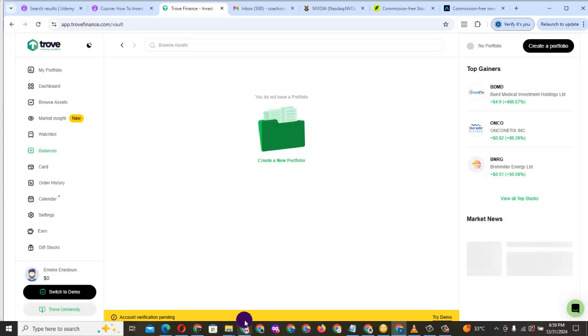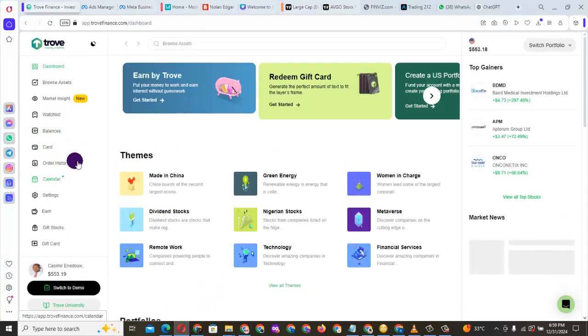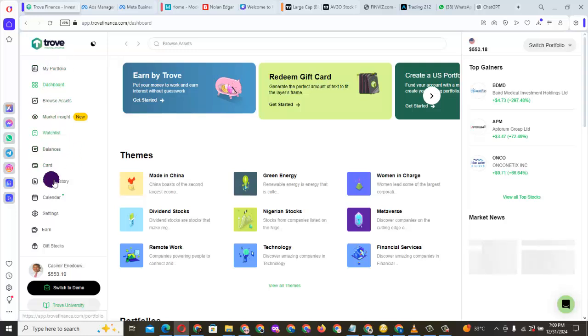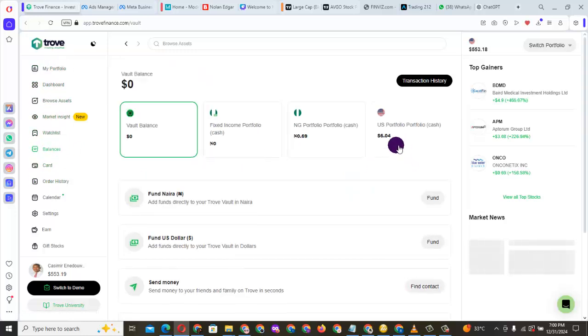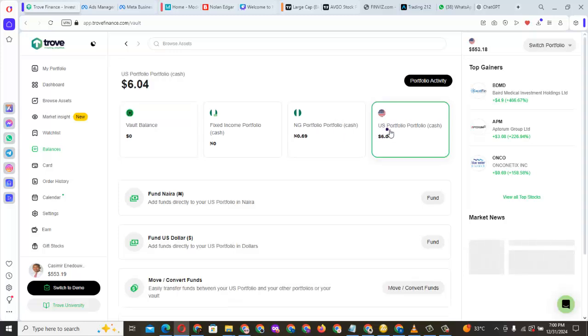So let me use a real-time account. This is one of my investment accounts. If you come here now, I have just $6. I think I funded this account yesterday when I credited this account during the registration. I think I credited it with 10,000 naira or so, and it's giving me $6.